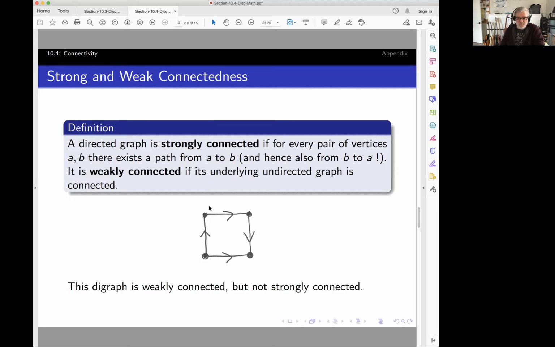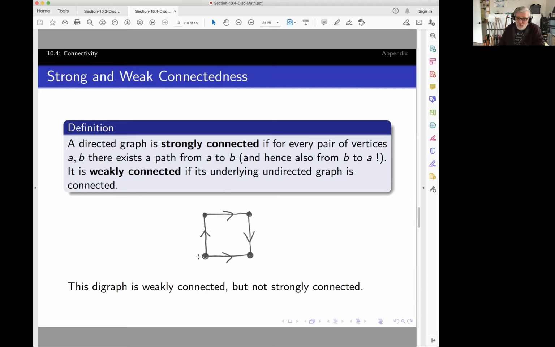So here is an example of what I'm trying to say, with great difficulty, without going into details. If you look at this digraph as a graph, if you just forget about the orientation, it's connected. Let's think of these as one-way streets: you can walk in the wrong direction, so you can go anywhere you want from anywhere you want.